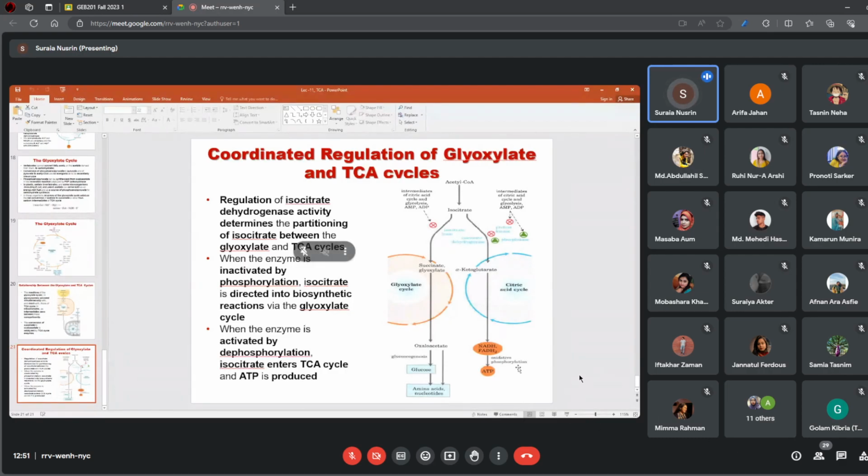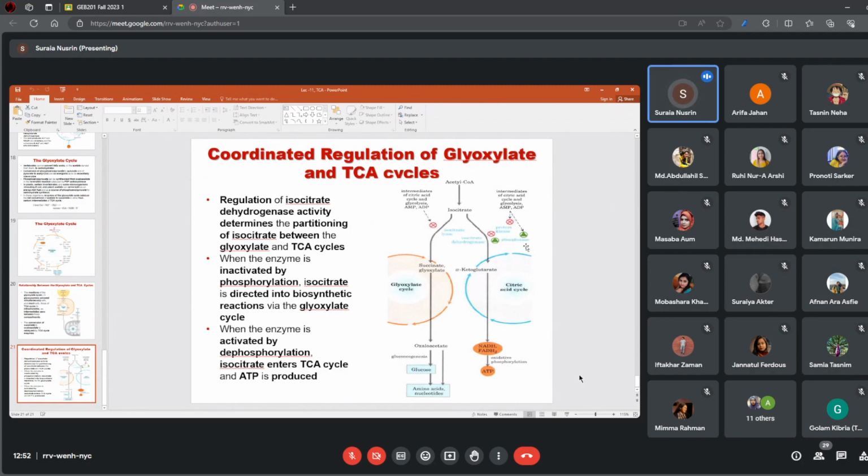Also you can see the other factors are shown here. In the case of the glyoxylate cycle, intermediates of the citric acid cycle, glycolysis, AMP, and ADP are the inhibitory factors, whereas for the citric acid cycle, the intermediates of glycolysis, AMP and ADP are stimulatory.